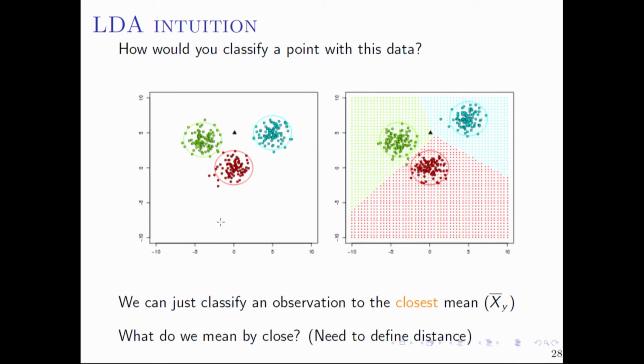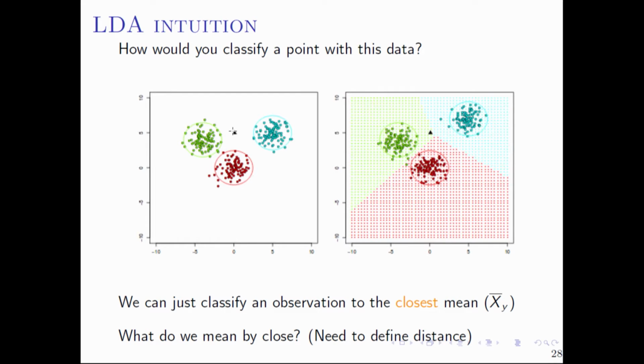So these are the 3 training data sets given, and this black triangle is our test point. How will we decide what class it should get? If we learn a Gaussian distribution over each set of samples, it will look like this, round, round, round, and this point will have some weight under each one.